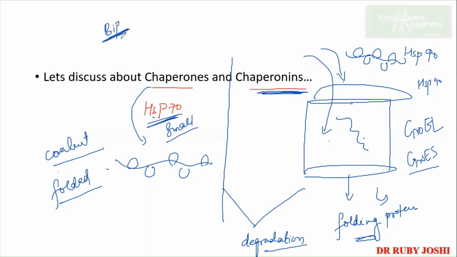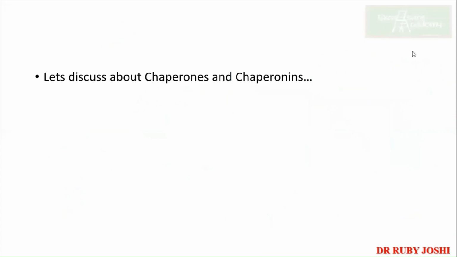So BiP is responsible for the folding of the proteins. So HSP70 and HSP90 are the ones that will prevent misfolding, whereas BiP is helping in the folding of the protein. So we have got so many chaperones and a few of the chaperonins. Okay, let's move ahead then.